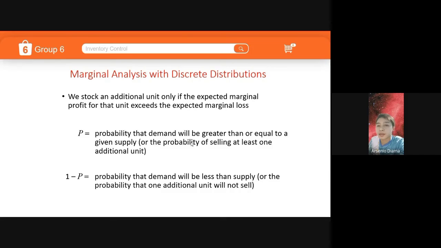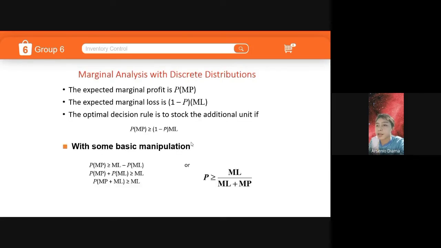Next, check. The expected marginal profit is probability times marginal profit. The expected marginal loss is 1 minus probability times marginal loss. The optimal decision rule is to stock the additional unit if the probability times marginal profit is greater than or equal to 1 minus the probability times marginal loss.